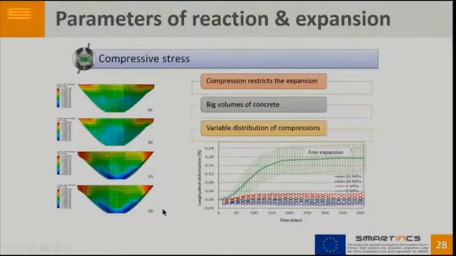This does not mean that the potential reaction is not producing, but it has a small reaction rate.